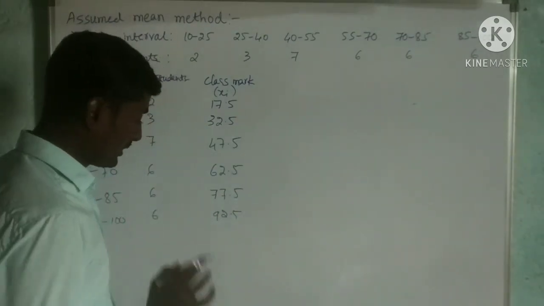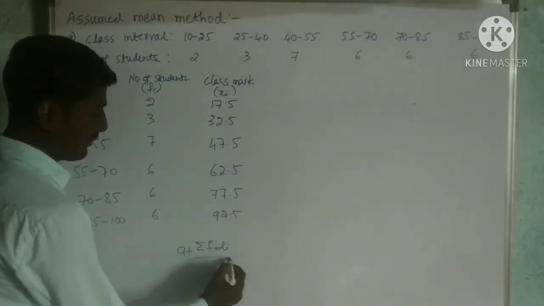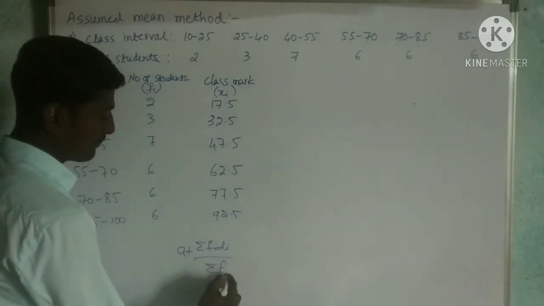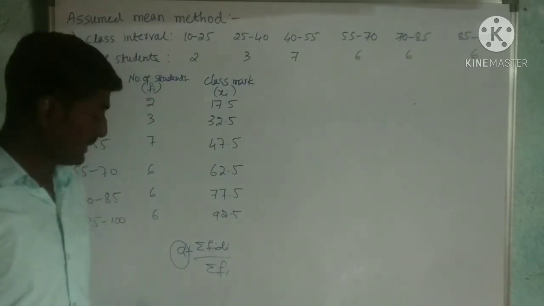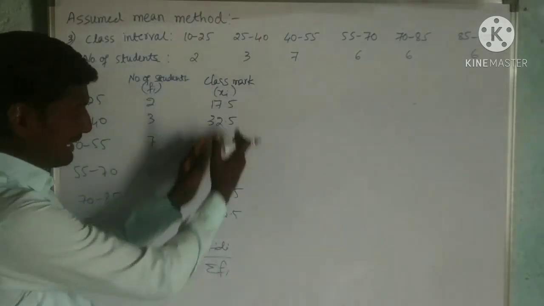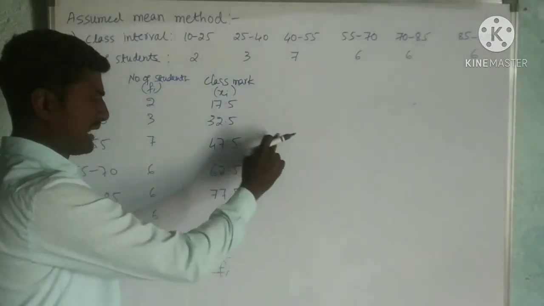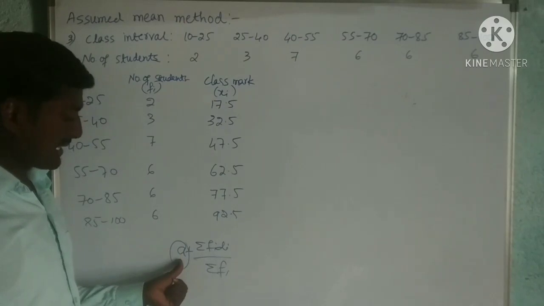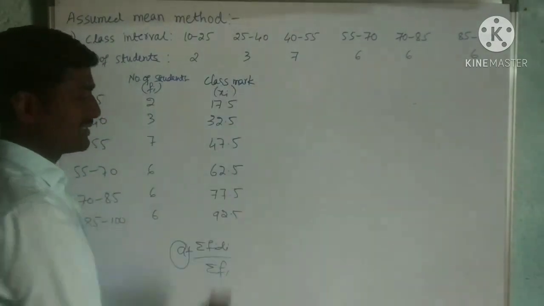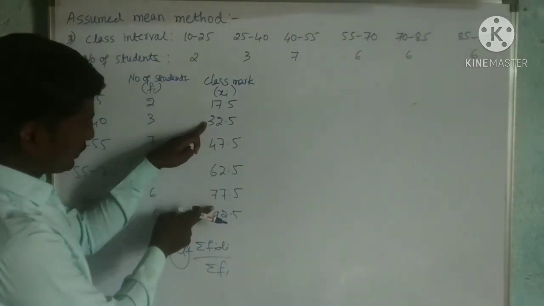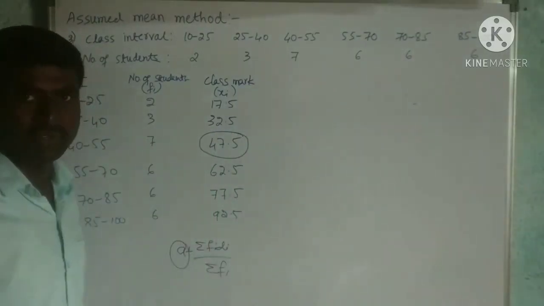Now in the formula, what do we want? a plus sum of fi di divided by sum of fi. So we want a, which means we have to assume some number in xi. You can take a as 17.5 or any one of these. Mostly you pick from the middle. Here I will choose a as 47.5.